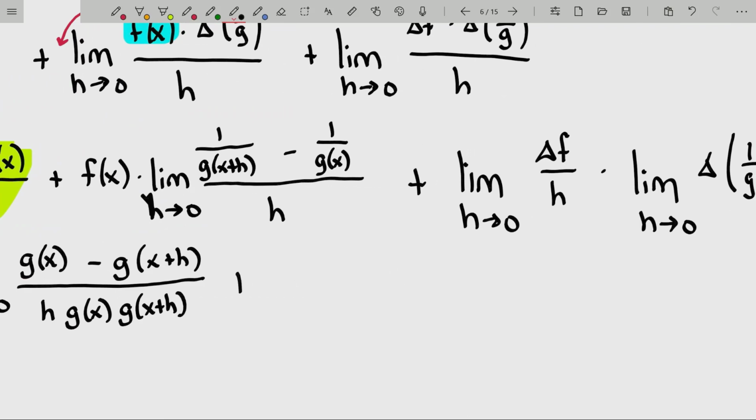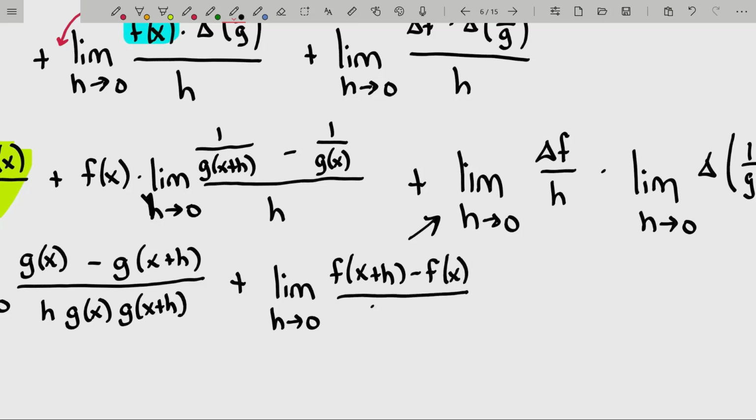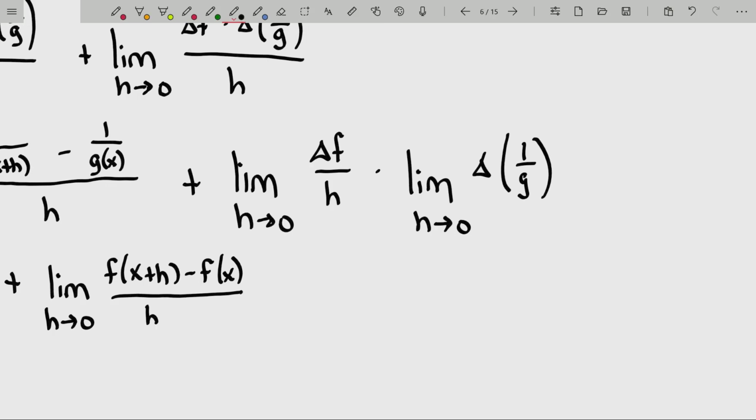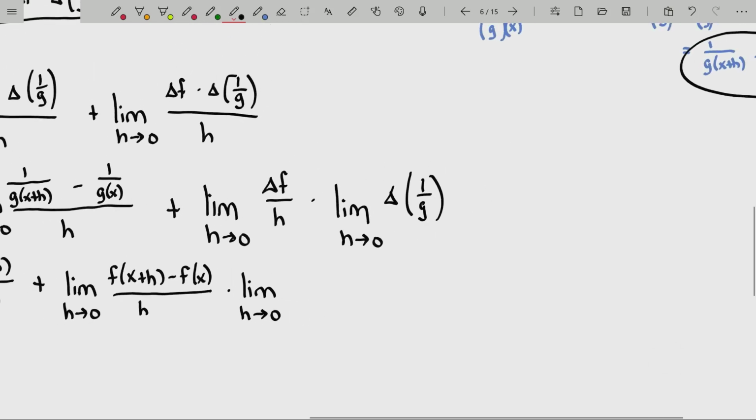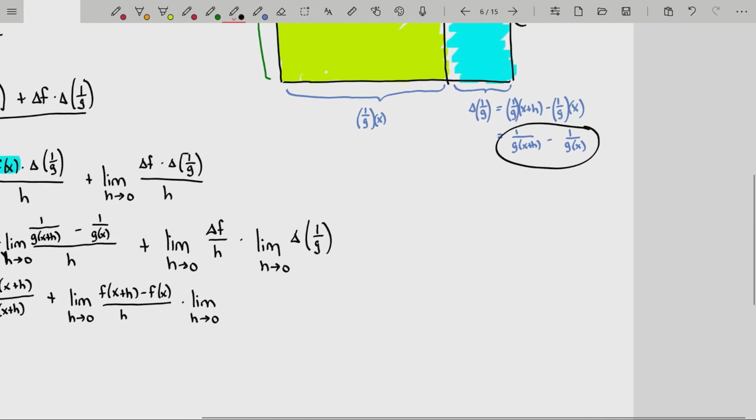Let's see, plus that first product, or the first factor here, is written as f of x plus h minus f of x, and that's all over h. Hey, I know what that is. And then the second limit, so times the limit as h goes to 0, is, let's see, what was delta of 1 over g?